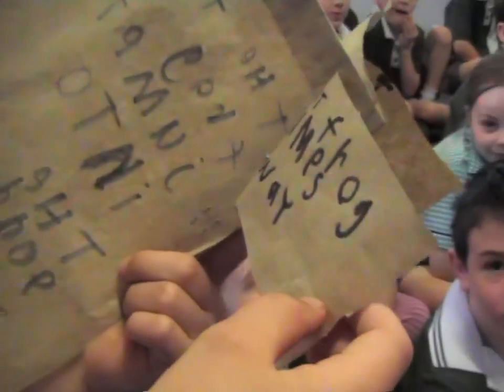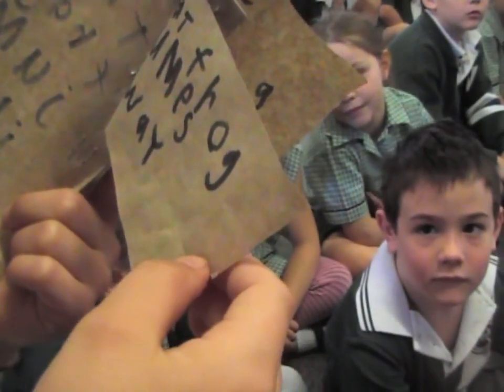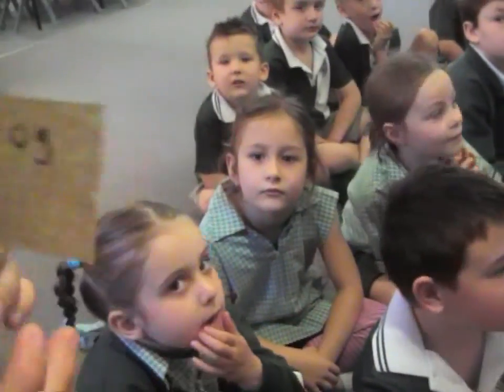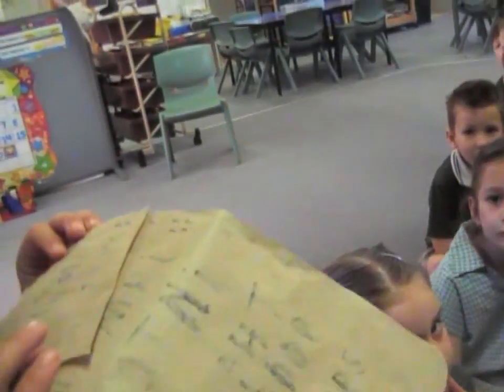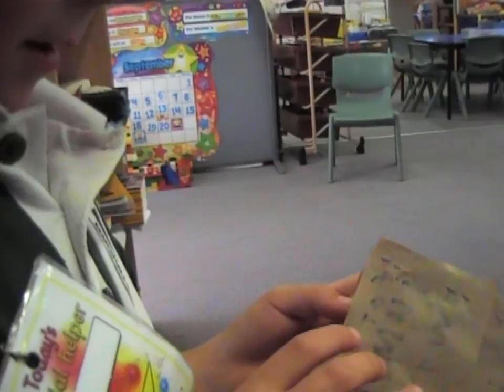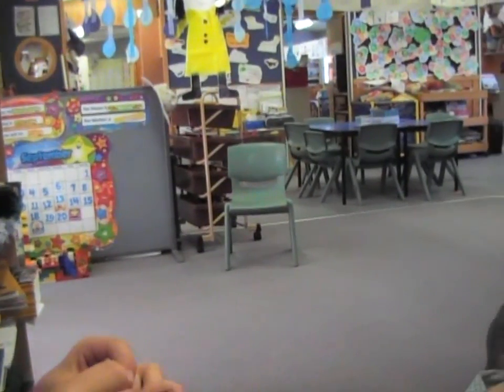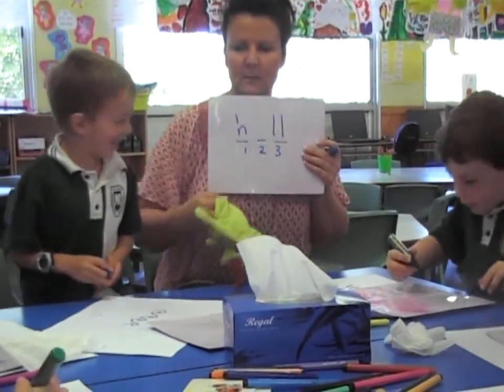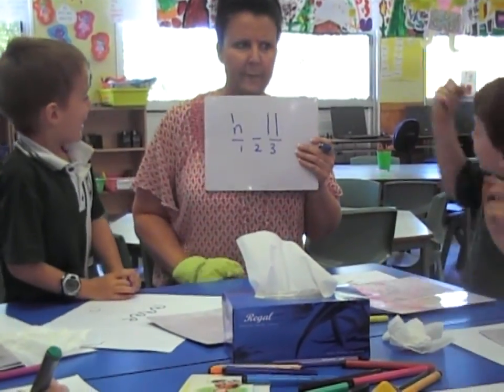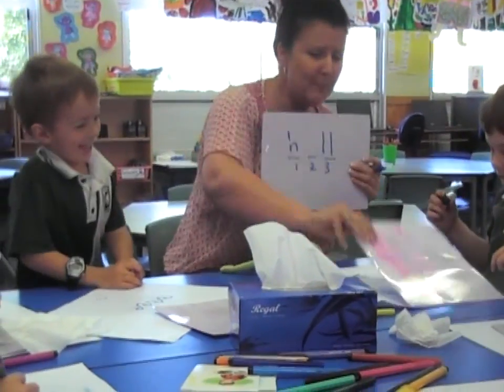Fat frog jumps away. That is amazing. He's an author. He's written his own book. How old are you, Oscar? 5.5. And look, he's written his own book. He's made a hill. What's he eaten? Well done.